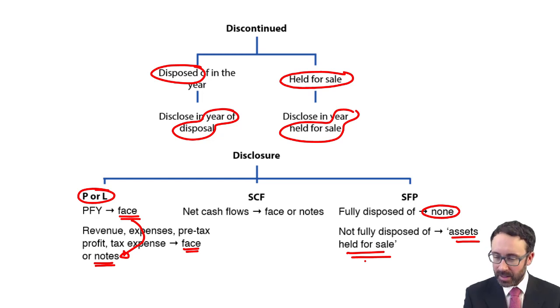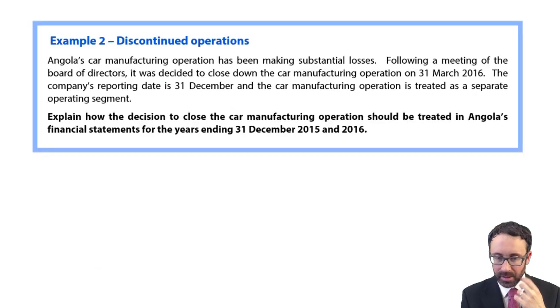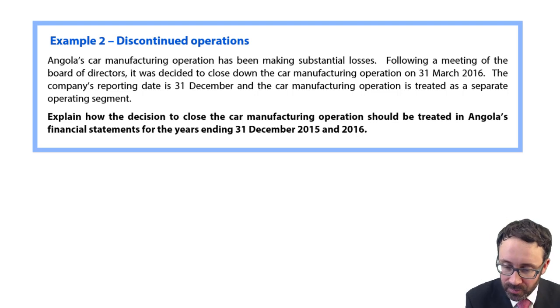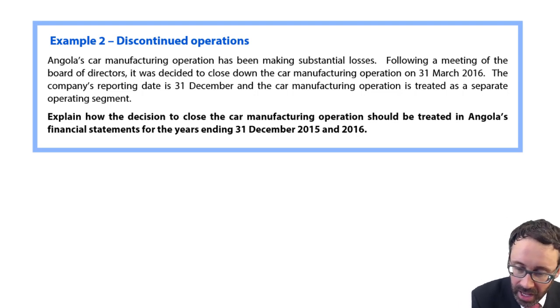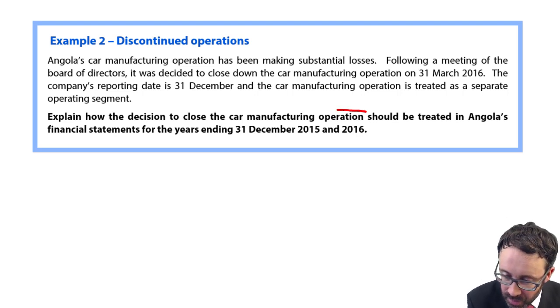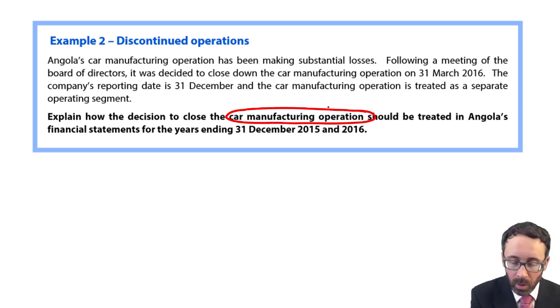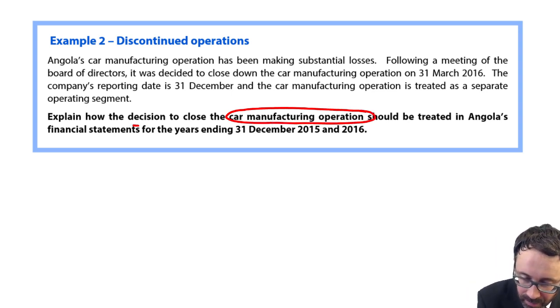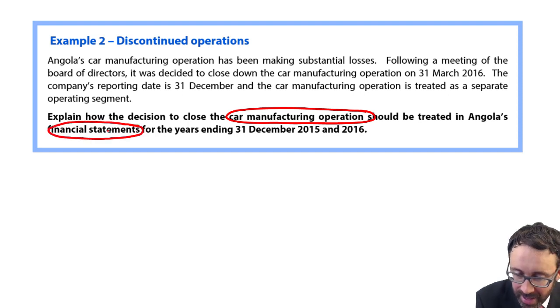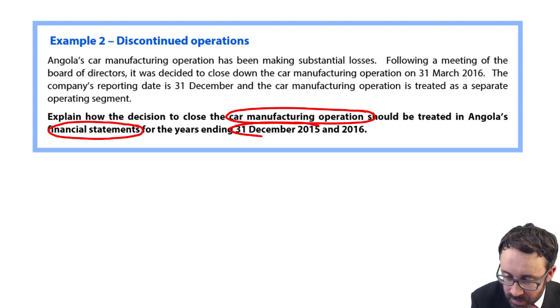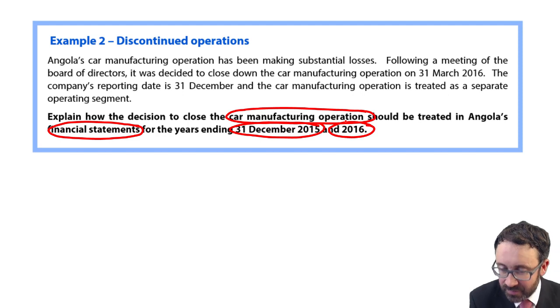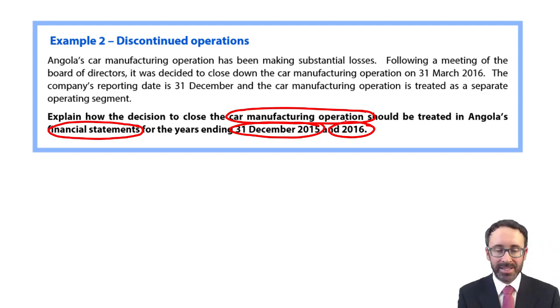Okay, so let's just go through a quick play around with an example. What you've got here is fairly typical of what you could see with regards to a line of business. You have a car manufacturing operation. We're looking at the decision about closing it and how that impacts the financial statements for December 2015, and is it there in December 2016?